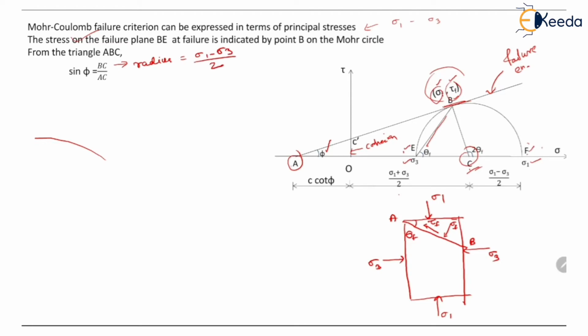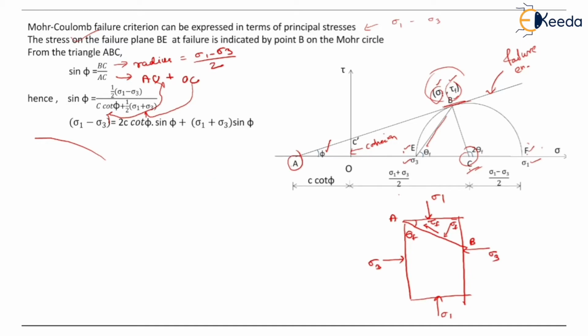And we can write AC as AO plus OC. So sin phi becomes equal to sigma 1 minus sigma 3 divided by 2, divided by AO, which is c cot phi, and OC, which is half of sigma 1 plus sigma 3.